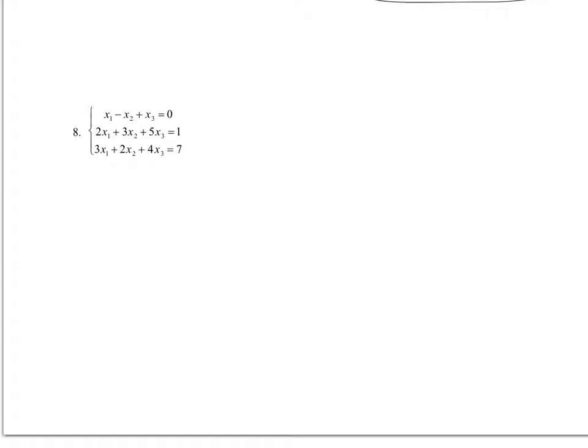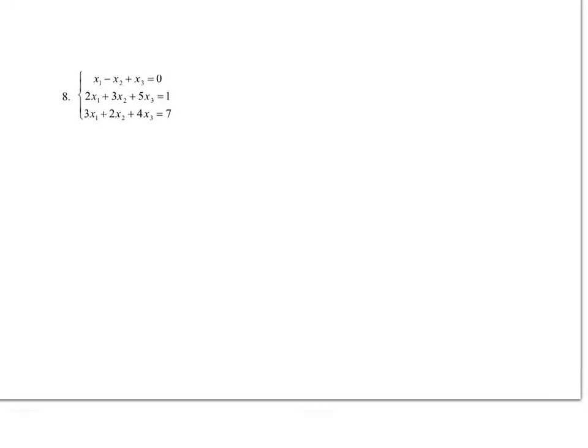Now, if you look at this equation, it is another system that has 3 equations and 3 variables this time. So when we set this up, and again it has the x1s, the x2s, and the x3s. Let's put it into matrix form.